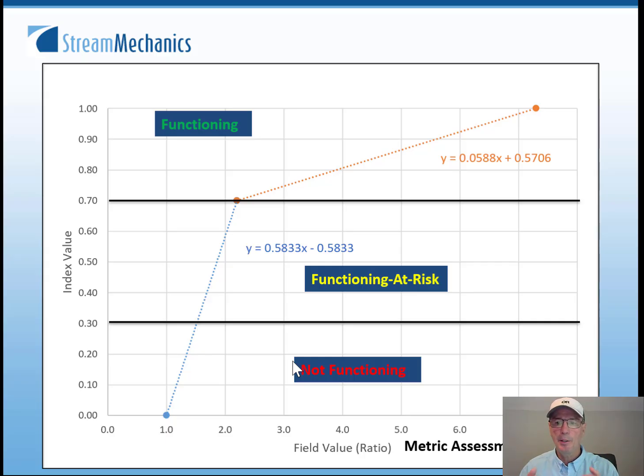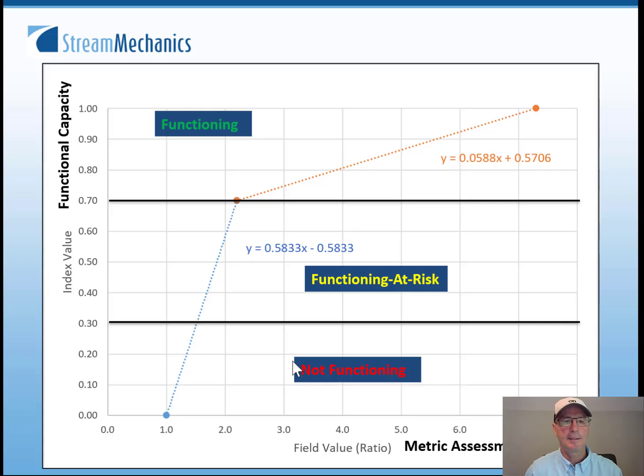So the riparian width, maybe in feet, would be what you're plotting on the x-axis. If it was composition, it might be a percent of shrubs, for example, as your metric. Whatever that metric assessment output is, in whatever unit it is.